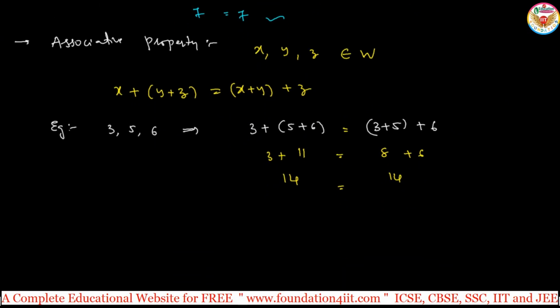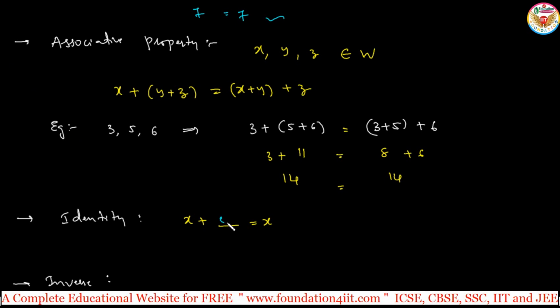Next one, existence of identity and inverse. These two we will also see. Identity and inverse. When you come to both, for any whole number x, after adding some number to that, you get the same number. x plus something will get again x.